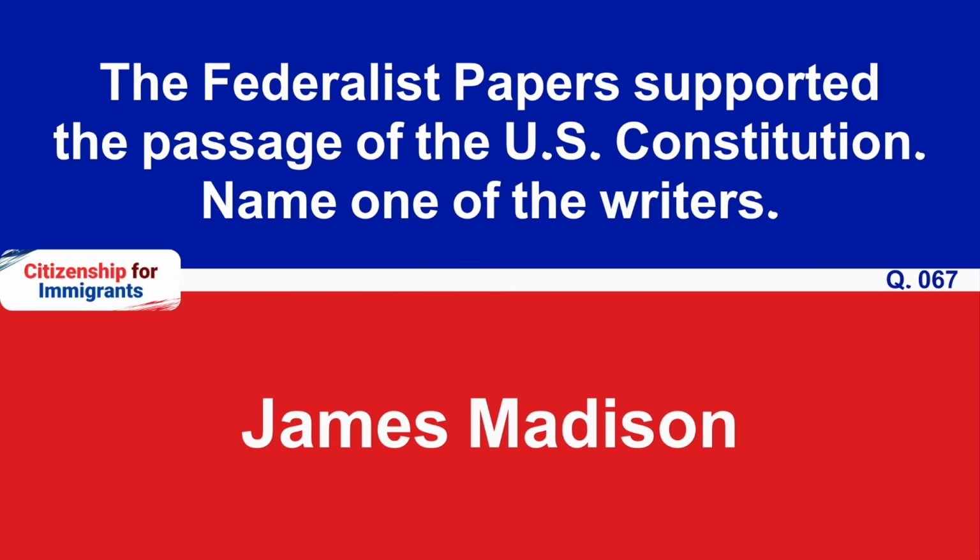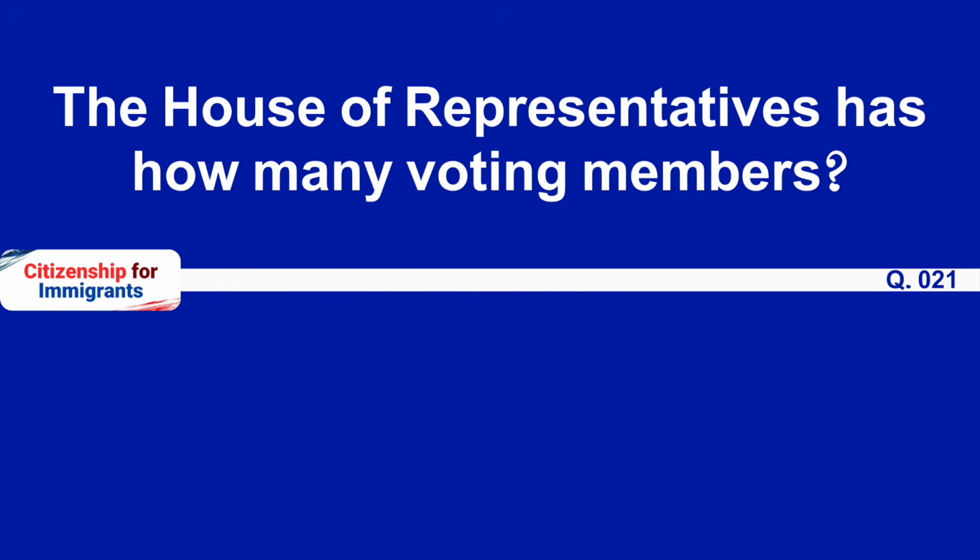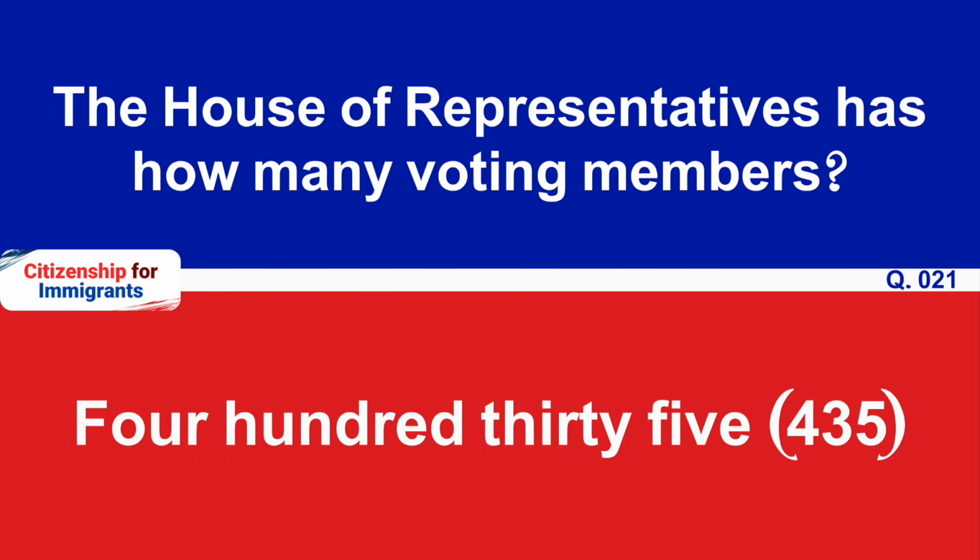James Madison. The House of Representatives has how many voting members? 435.